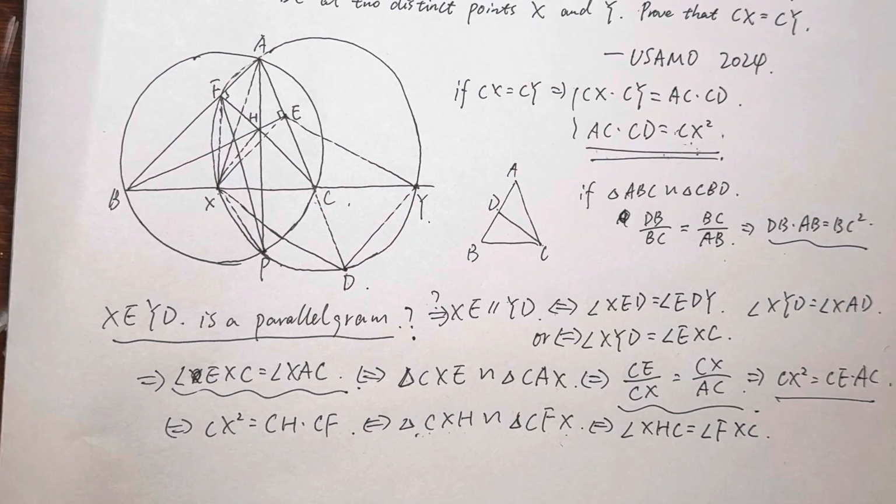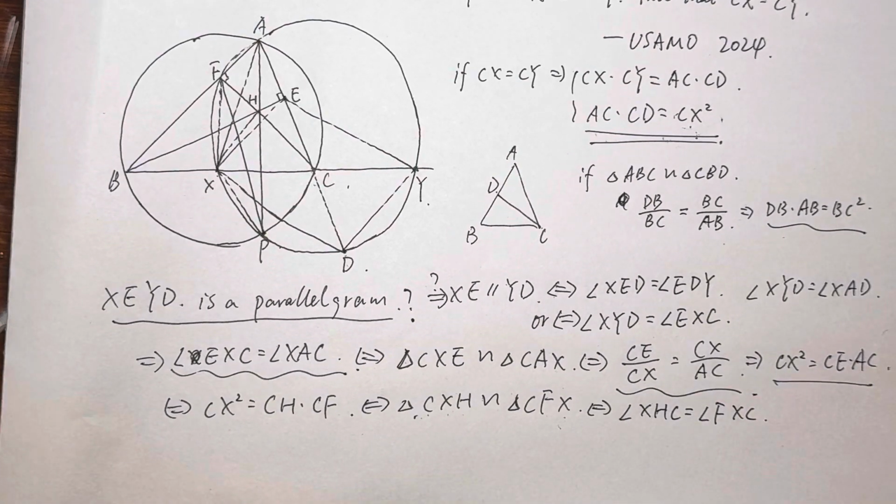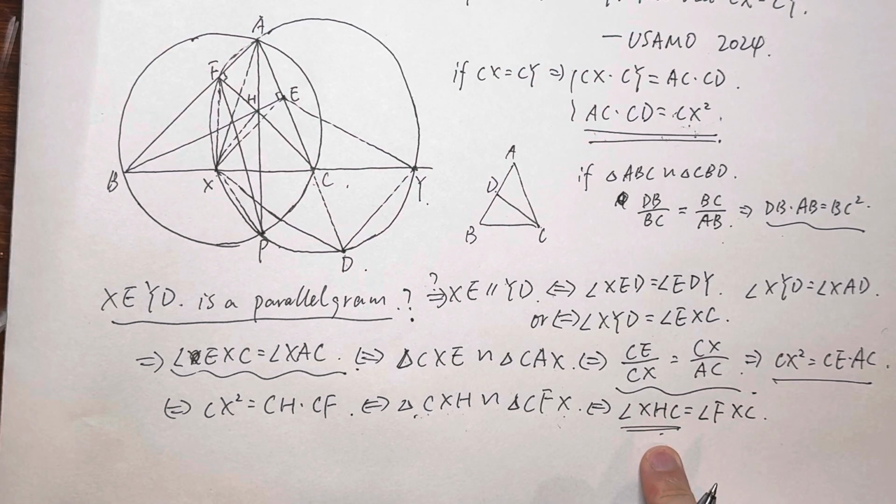Now it's very, very critical. Just because we know we are on the right path, because we finally find the angle we are trying to use, the angle XHC. Why I say it's a very critical moment?